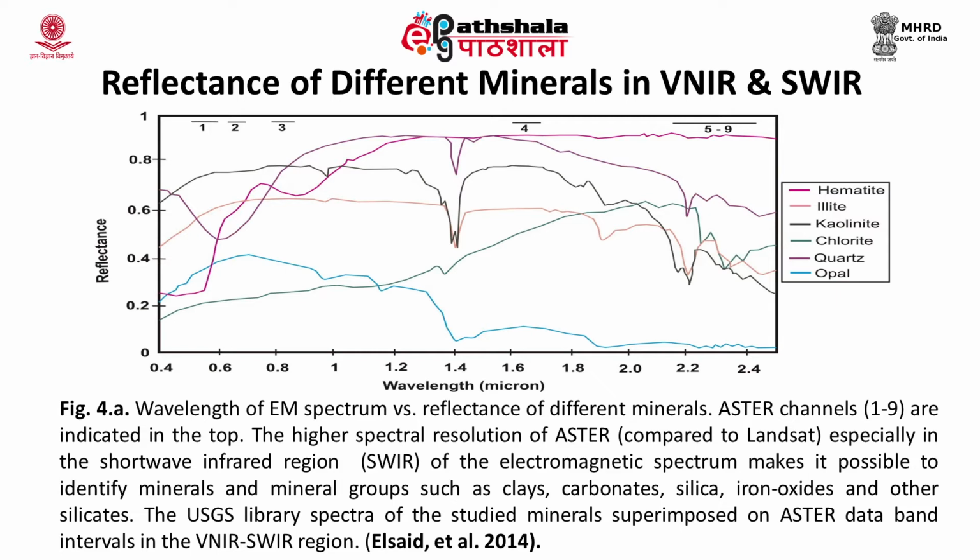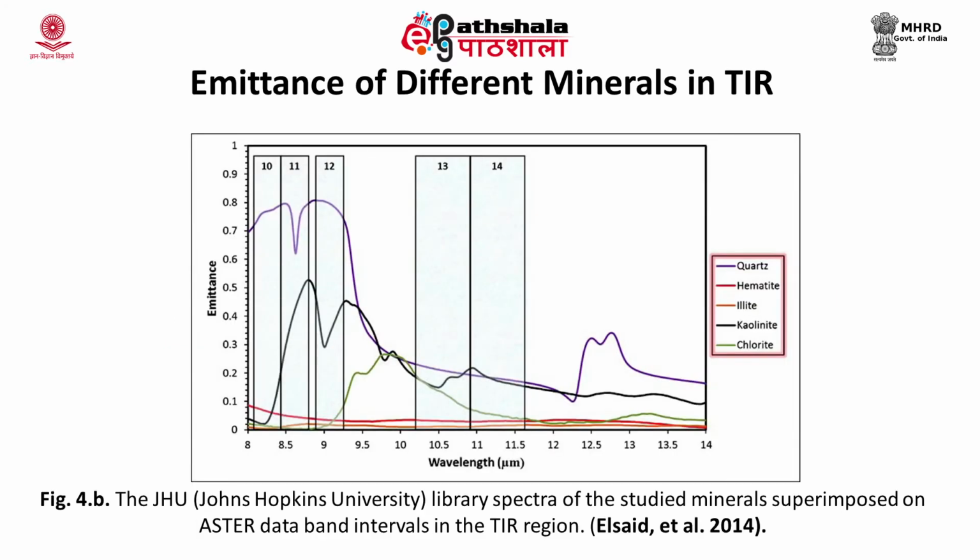And if you look at the opals, mostly the cryptocrystalline or microcrystalline material, or it is a glassy type. So, it has a reflectance that is high in the lower wavelength. As you go towards the higher wavelength, it has low reflectance. And if you look at the quartz, it has very different reflectance at the different wavelengths.